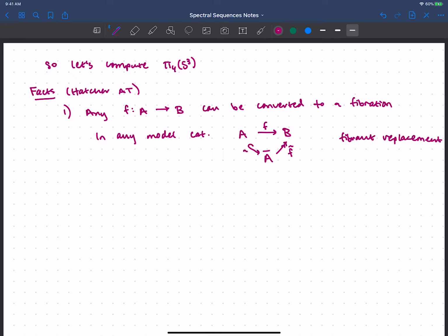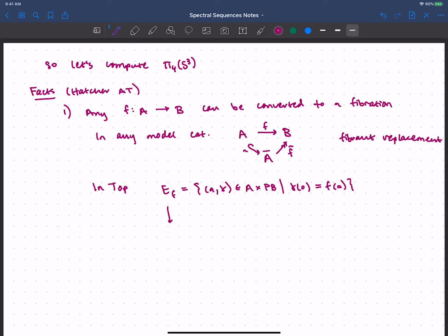We don't really need all of the higher power of model categories in this particular case. So if that's not familiar to you, let me just say in topological spaces, what does this look like? Well, I'm going to fatten up what should be my total space. So E_f is going to be pairs (a, gamma) that live in A cross paths on B, and I want these to be paths that start at f of a.